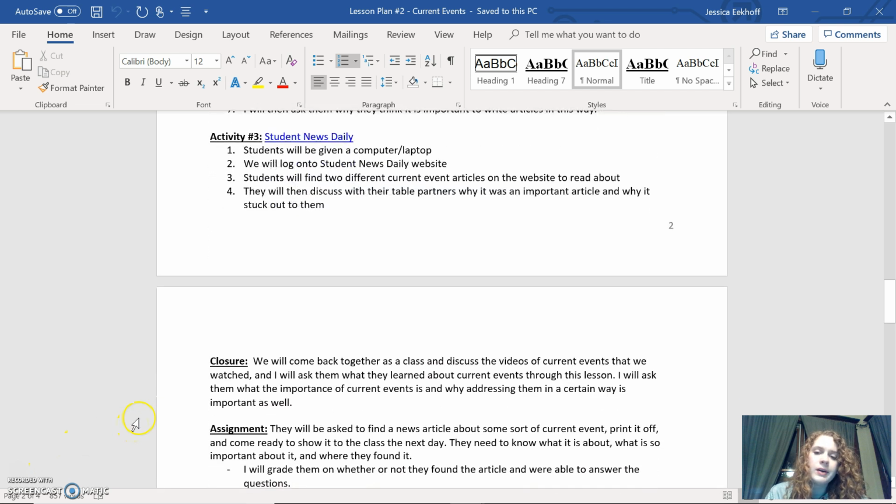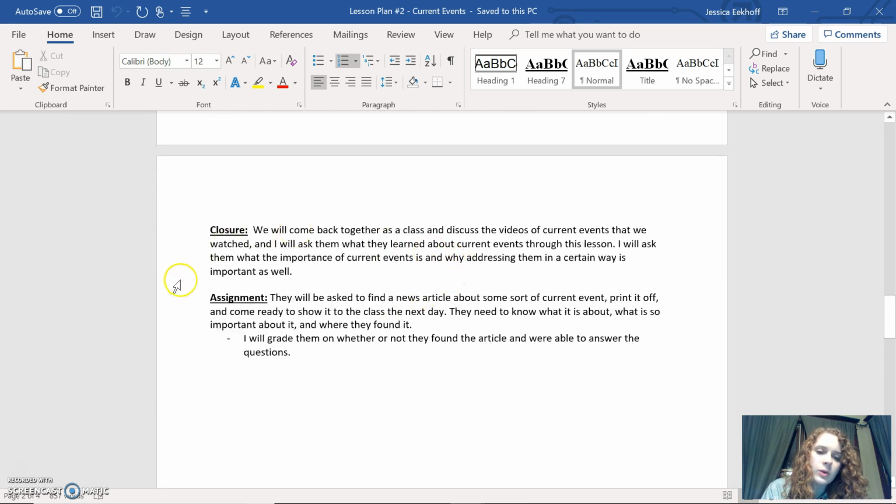Moving on, I found this really cool website. It's called Student News Daily, where you can go and find a bunch of current events for kids that they can learn on. So I will give them a laptop. They will log on to the Student News Daily website, and they will find 2 current event articles on the website to read about. They will then discuss these with their table partners and why it was important to them, why it stuck out to them.